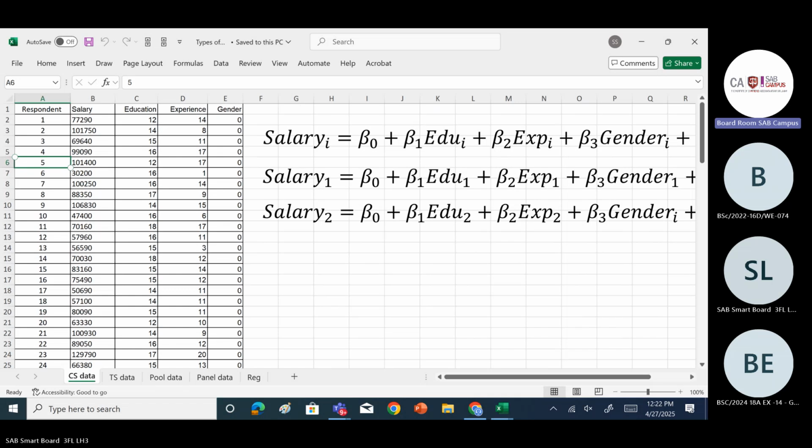Normally for the data set, which variable do we start with, independent or dependent? Dependent variable.